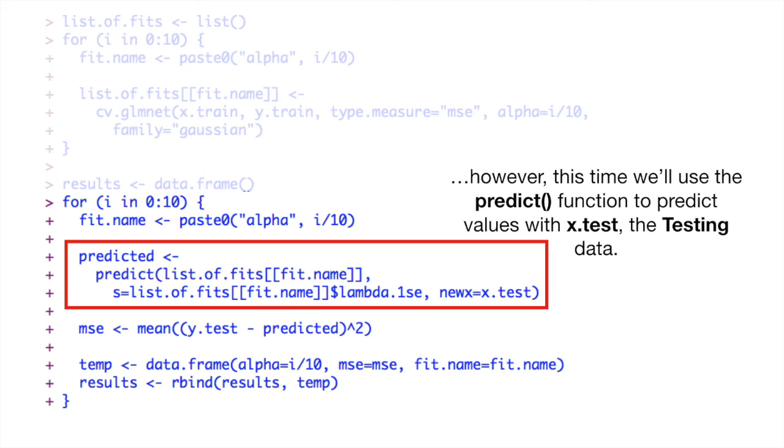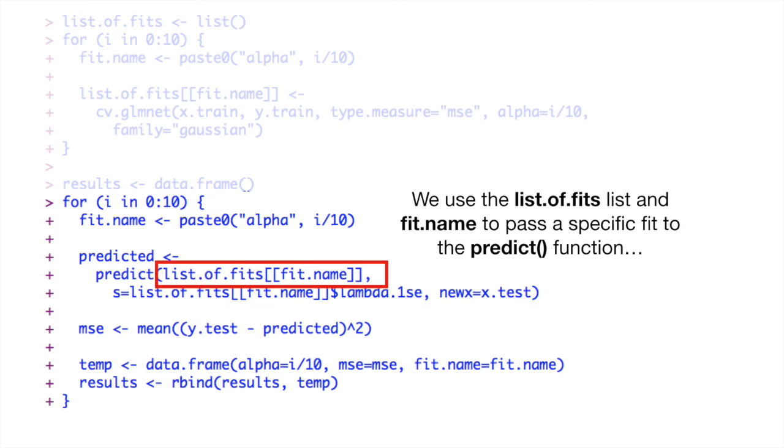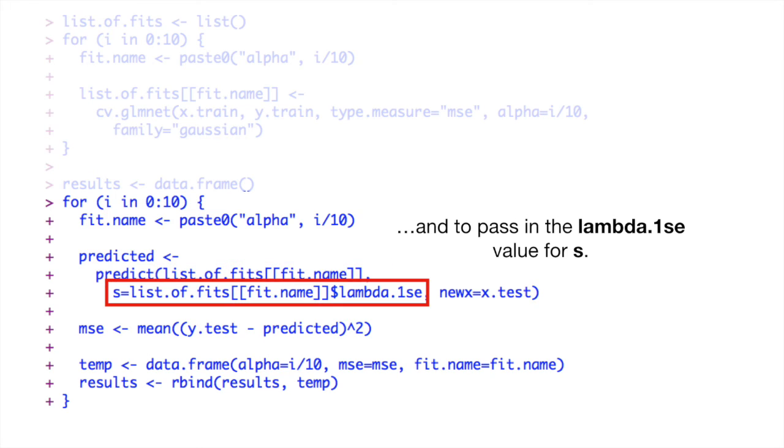And just like before, we'll create a variable called fit.name that contains the name of the Elastic-Net Regression fit. However, this time we'll use the predict function to predict values with x.test, the testing data. We use the list.of.fits list and fit.name to pass a specific fit to the predict function, and to pass the lambda.1se value for s.